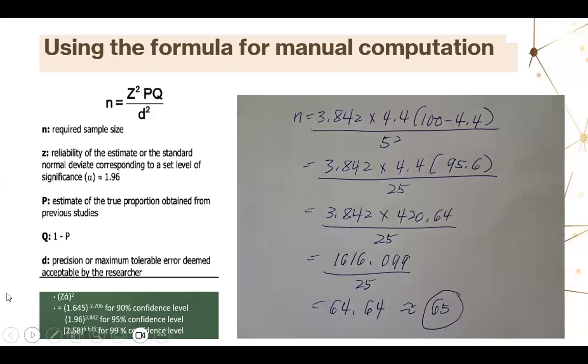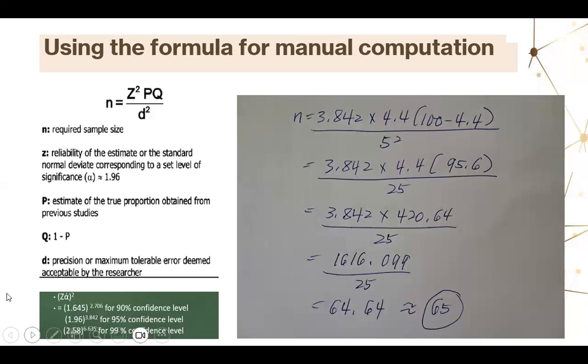So on the right, this is my actual manual computation, and you see in the part where you get p and q, I use whole numbers. So 4.4%, and then 100 minus 4.4 over 5 squared, which is the 5% margin of precision.